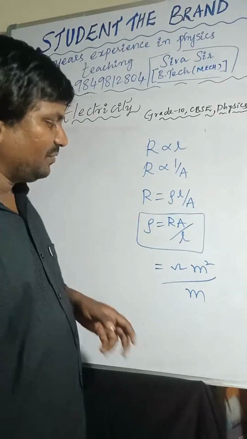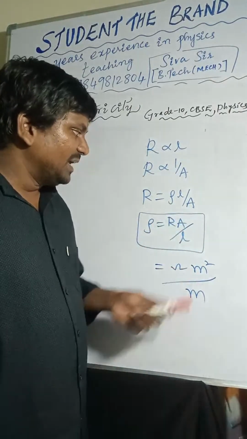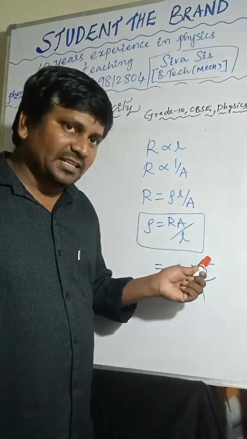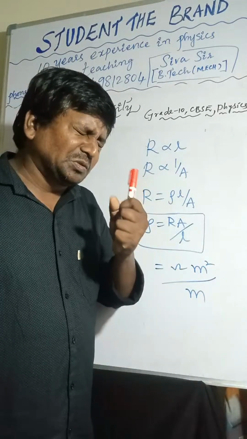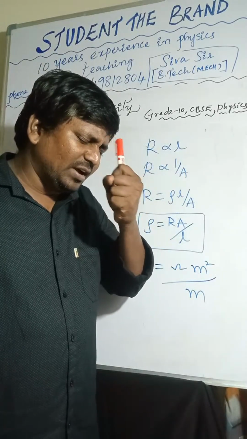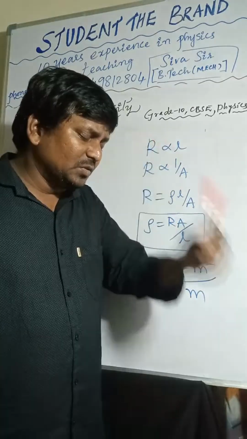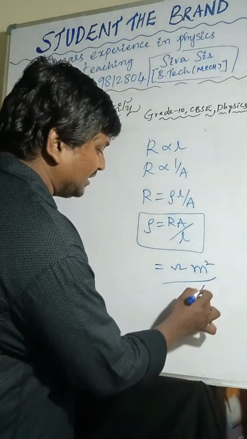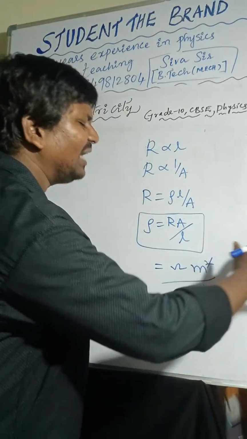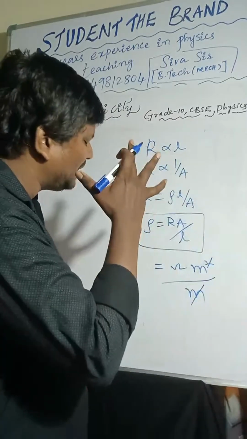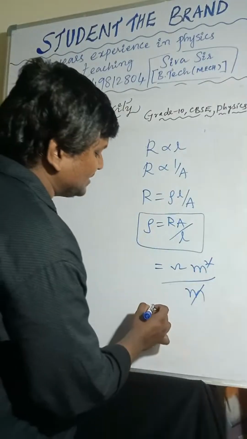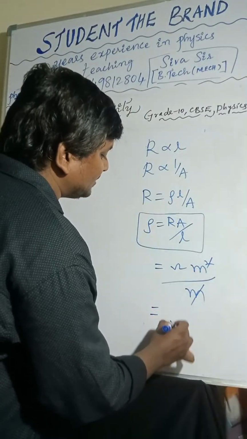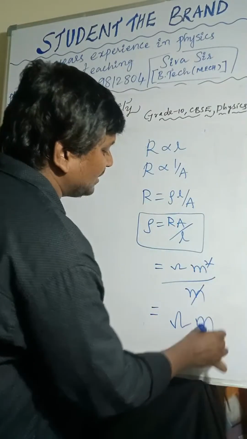SI unit of resistance is ohm. SI unit of area is meter square. So meter gets cancelled.